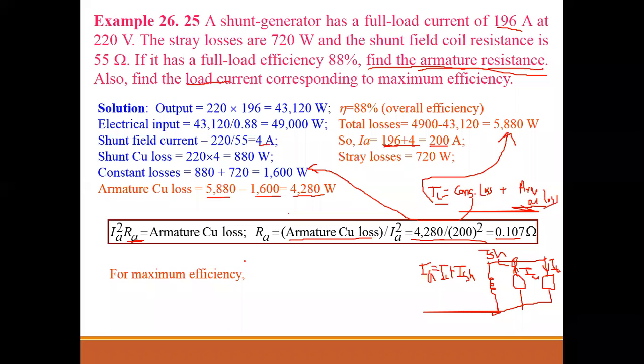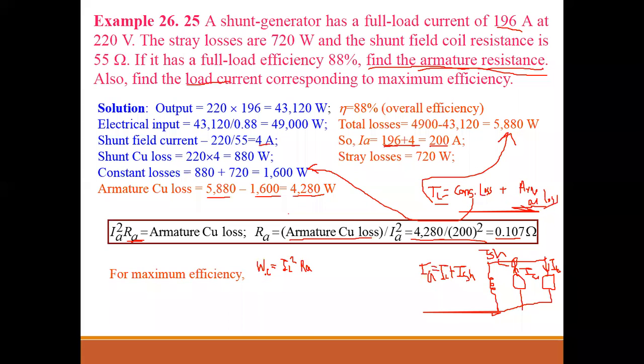Yesterday in the last session we have seen the condition: constant losses WC is equal to IL square RA.